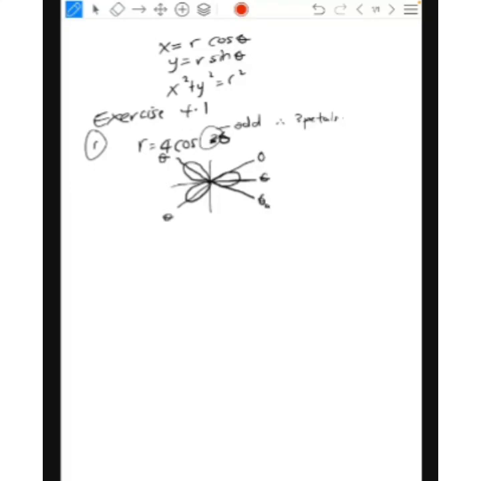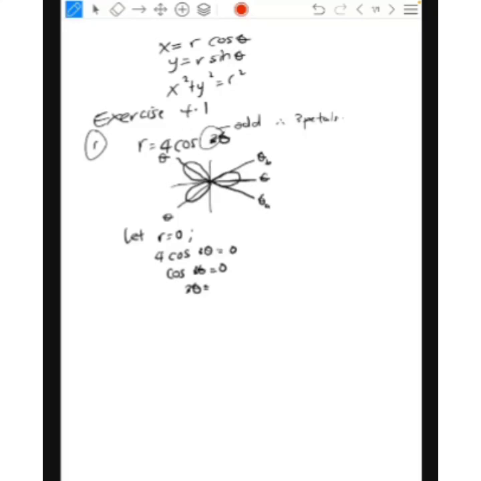Alpha A to alpha B, let's say. So let r equal 0. I will have 4 cos 3 theta equals 0. Use your calculator. Okay. Remember, for polar coordinates, in our course, you have to always use radian.